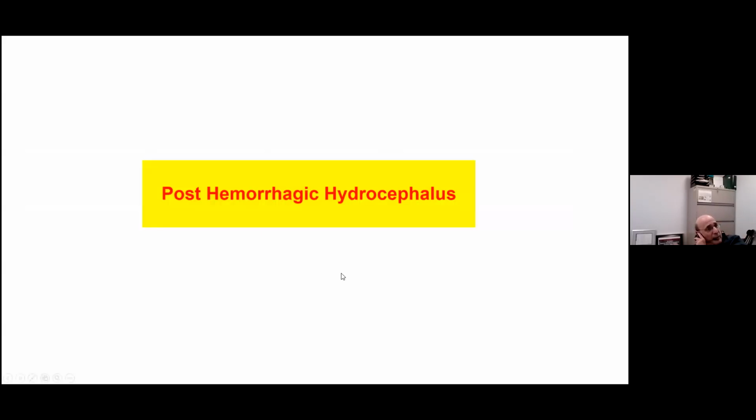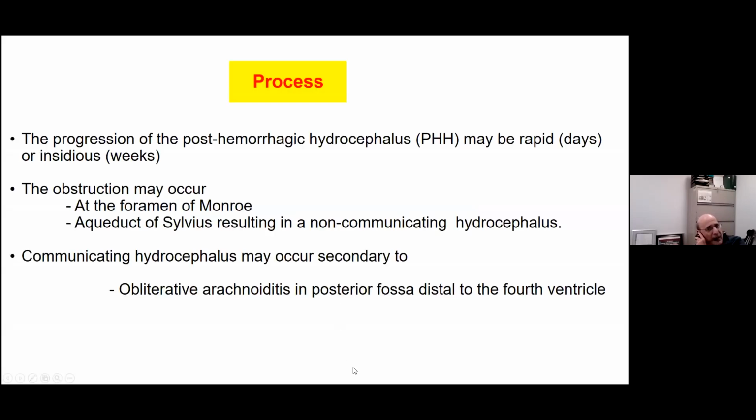Now, an important area is post-hemorrhagic hydrocephalus. The progression of post-hemorrhagic hydrocephalus may be rapid or insidious over weeks. And the obstruction may occur at the foramen of Monro or the aqueduct of Sylvius, resulting in a non-communicating hydrocephalus.